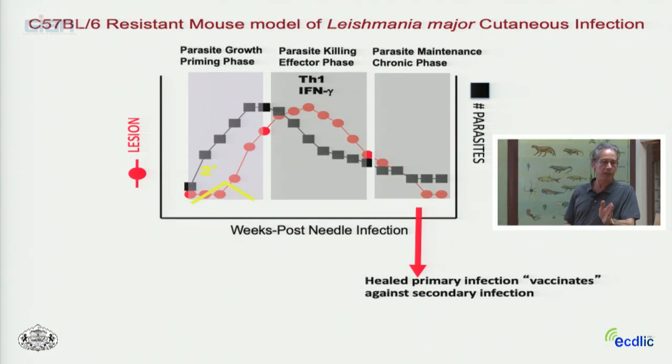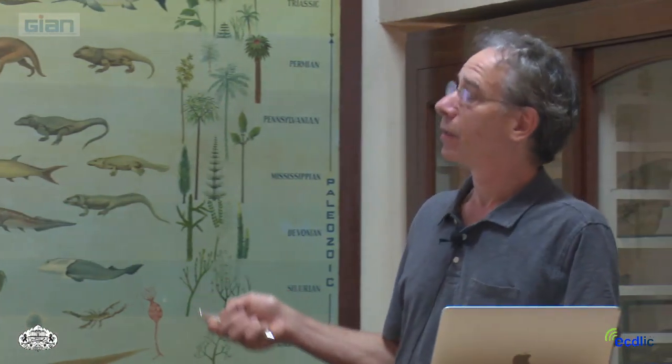They don't develop any lesions at all. So they're beautifully immune. And you can wait weeks or months. In these mice that have healed their primary lesion, you can wait for the whole life of the mouse and challenge, and they'll still be immune. So this is a beautiful model of acquired resistance. And we would love to know how this works.